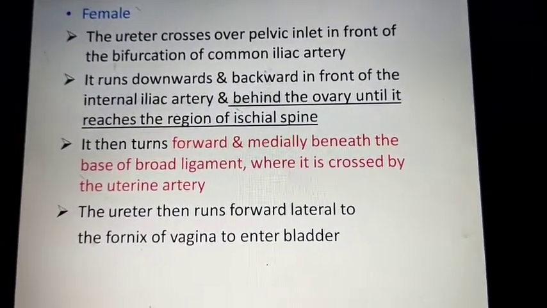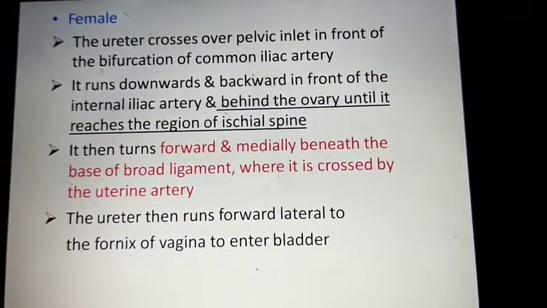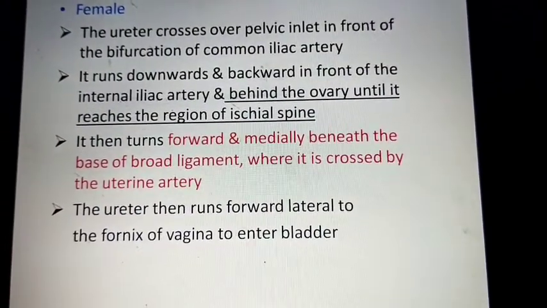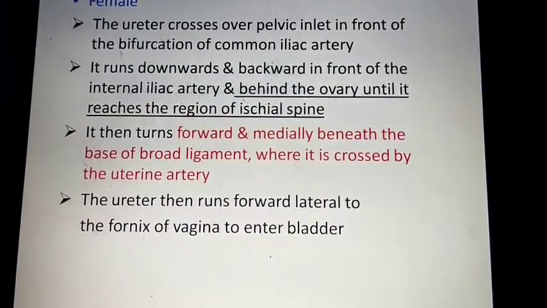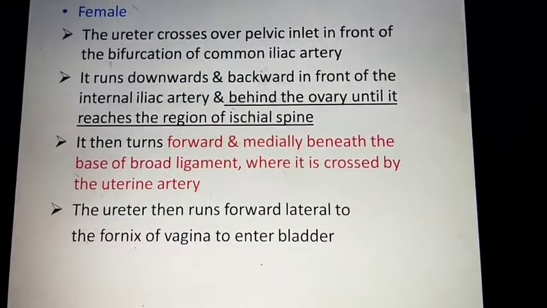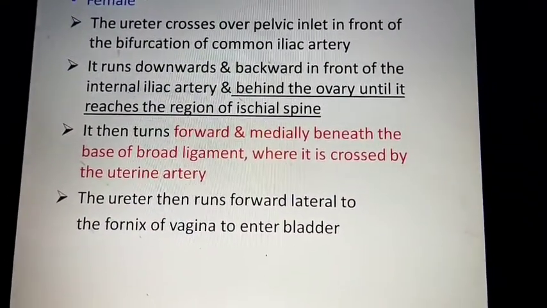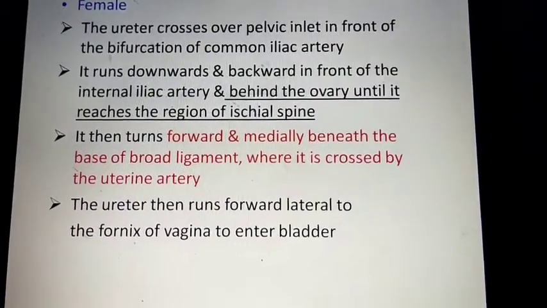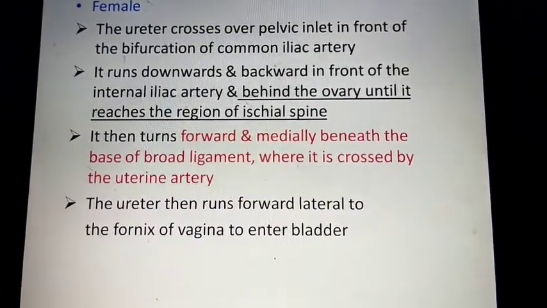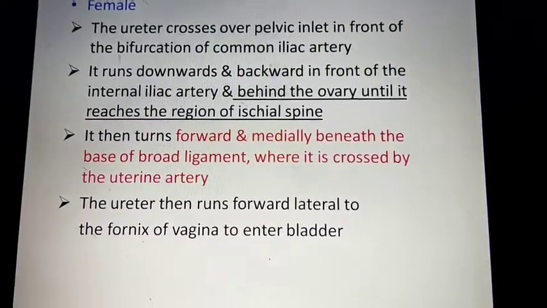Then it runs forwards and medially beneath the base of the broad ligament, where it is crossed by the uterine artery.